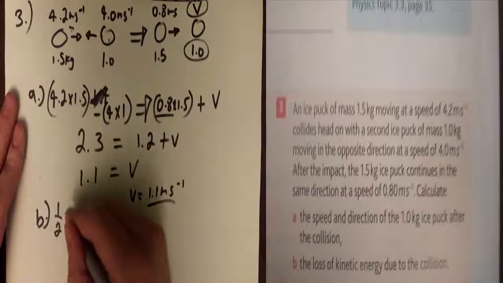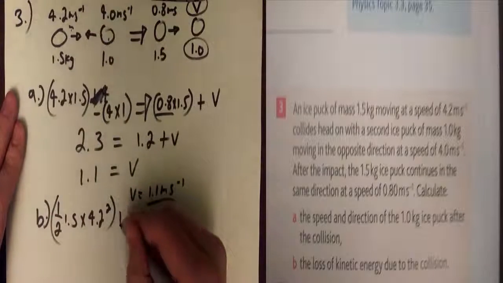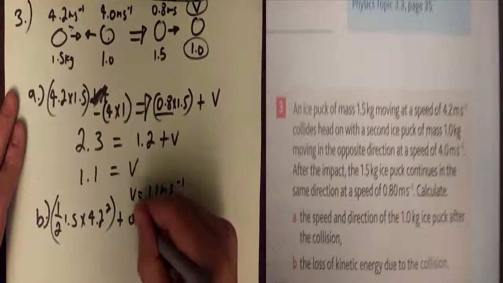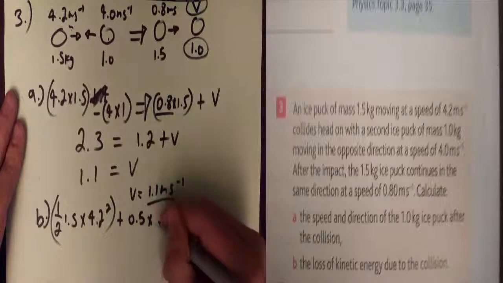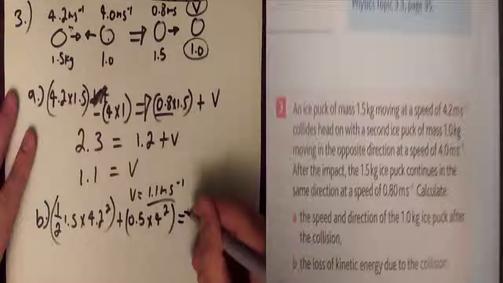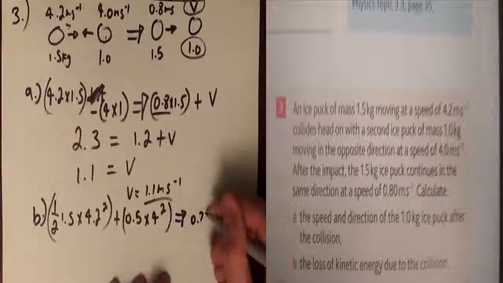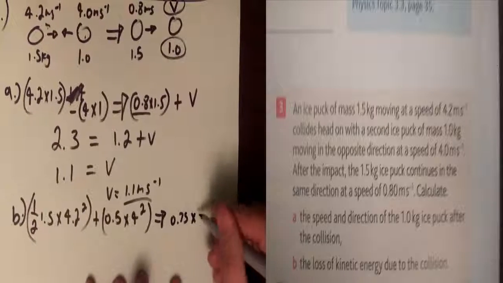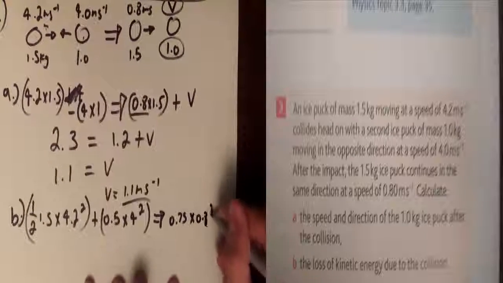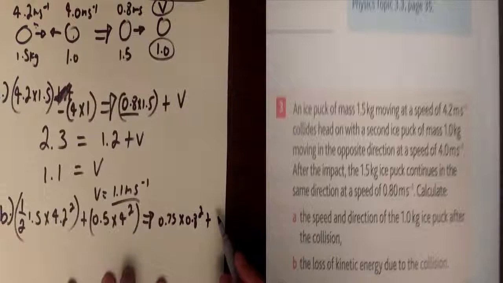So half 1.5 times 4.2 squared plus 0.5 times 4 squared goes to 0.75 times 0.8 squared plus 0.5 V squared.